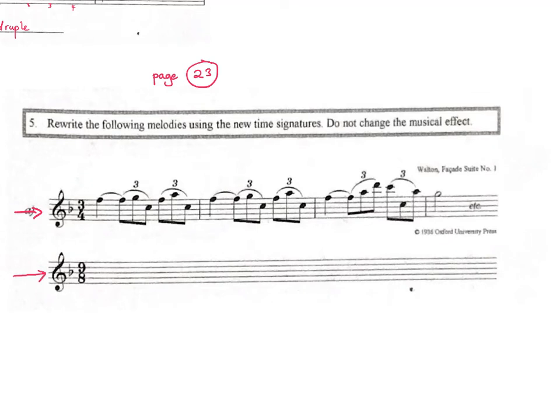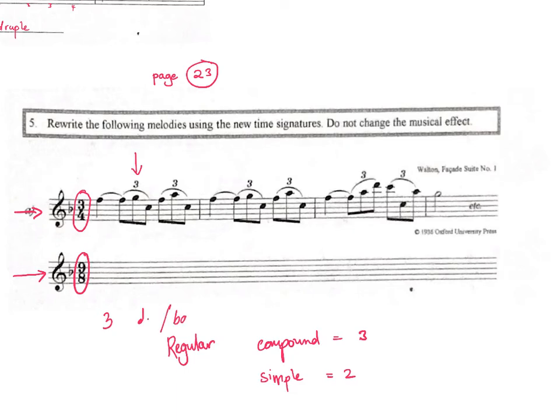So I want to go back to that word regular that we saw earlier. In compound time, 3s are regular. But in simple time, groups of 3 are irregular. So when I see triplets in my simple time signature, I need to know that those are going to look completely regular in my compound time signature. 9/8 means 3 dotted crotchets per bar.